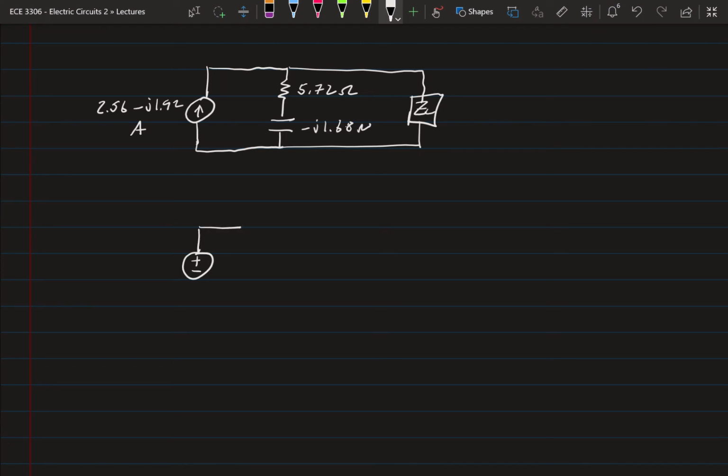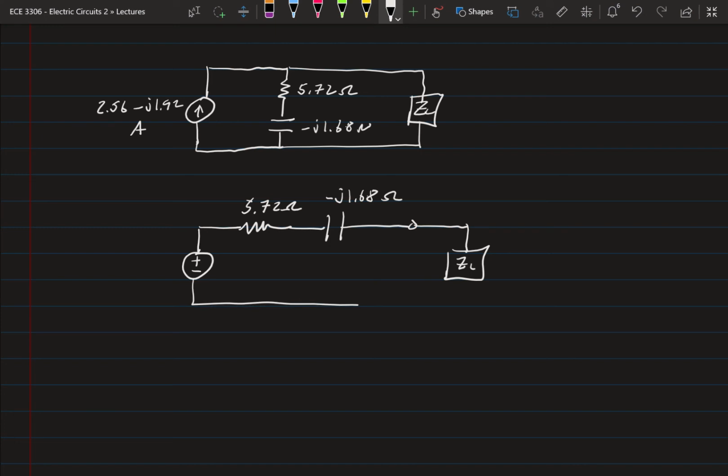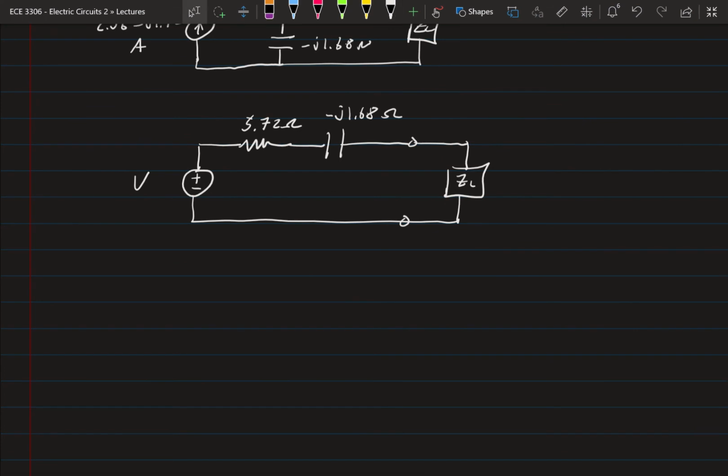So that'll be some voltage source, 5.72 ohms, capacitor minus j1.68 ohms, then the terminal, then the impedance ZL. Terminal there, I always forget that bottom one. And some V. The last thing we need to do is figure out V, and that'll actually be our VTH.